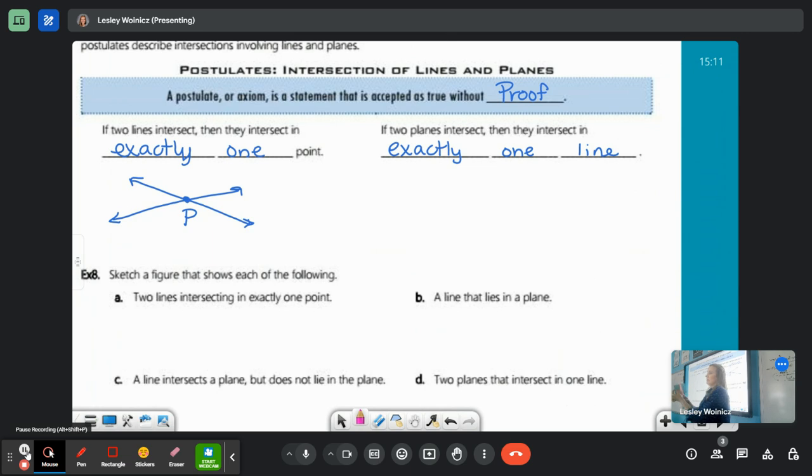Okay, so you kind of want to draw it from this angle where you can see a little bit of the planes in the back. You understand what I'm saying? So we're going to do a parallelogram, and then another parallelogram.